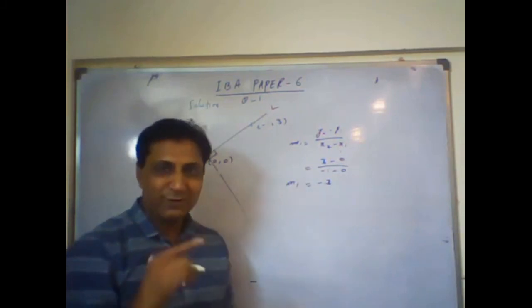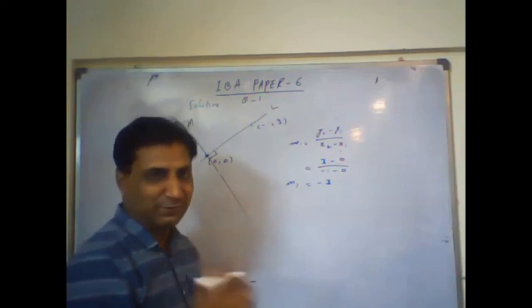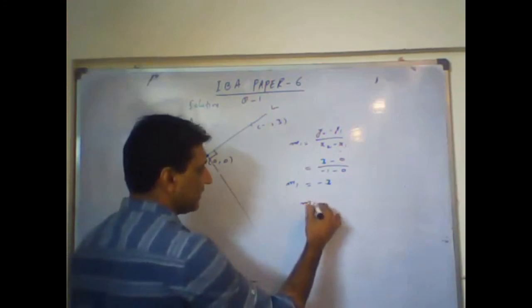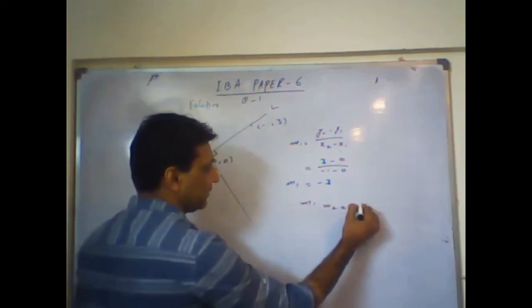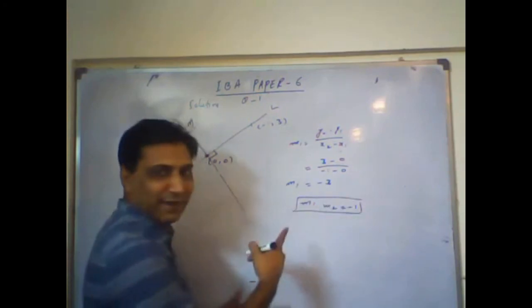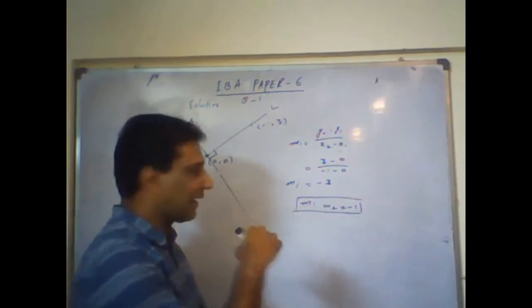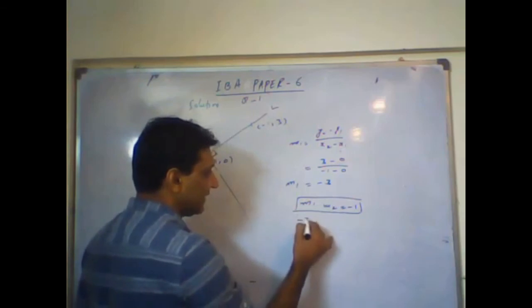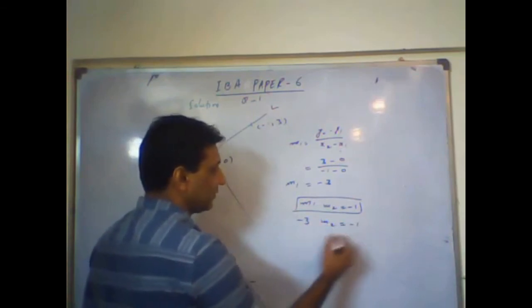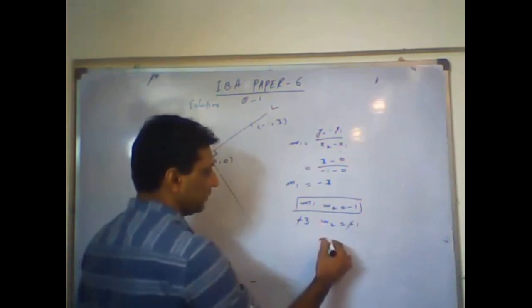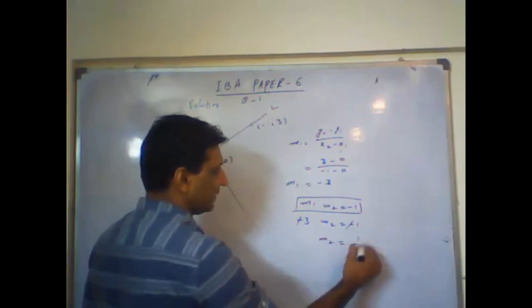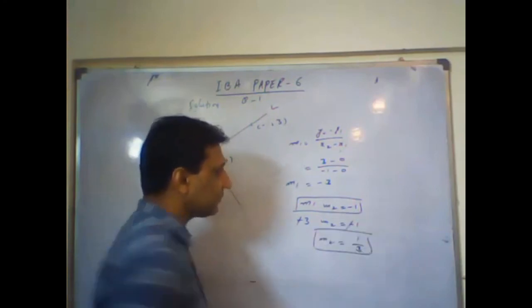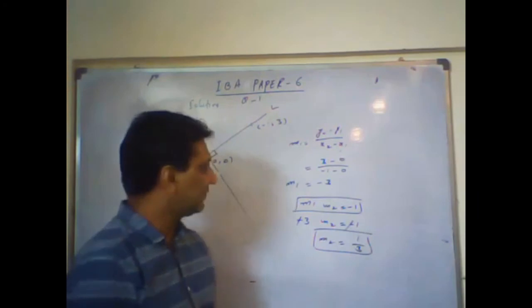Whenever two lines are perpendicular, the product of their slopes is m1 × m2 = -1. So m1 is -3, times m2 equals -1, so m2 is equal to 1/3.